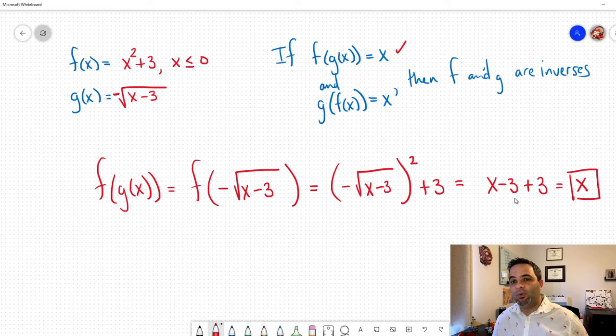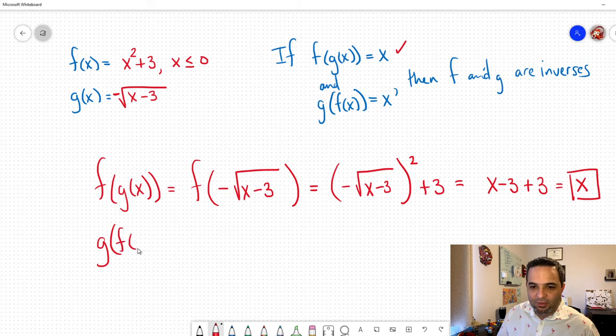Now I got to see what about the second part of the definition, which is if I switch these around, do I still get x? Okay. So now I'm going to say g, and I'm going to replace f of x with this x squared plus 3.